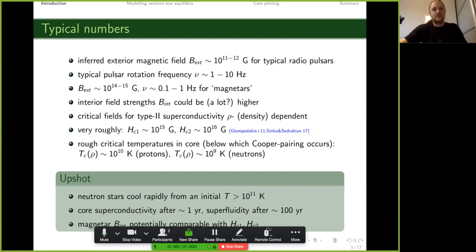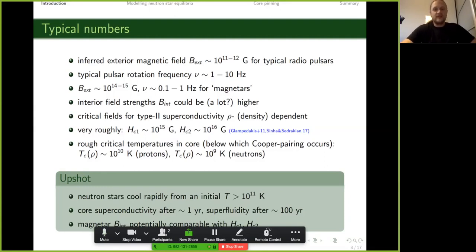They harbor the strongest known long-lived magnetic fields in the universe, and their exterior fields are inferred to be about 10 to the 14, 10 to the 15 Gauss. These are not typically seen in the radio. They're seen through a variety of different X-ray emission, both quiescent and steady and rather violent, which is believed to be powered by huge internal reservoirs of magnetic energy.